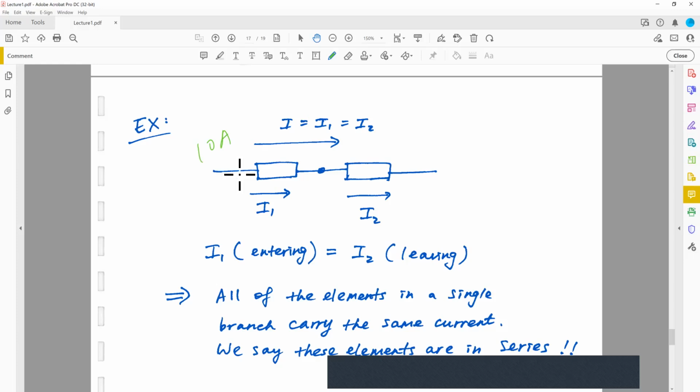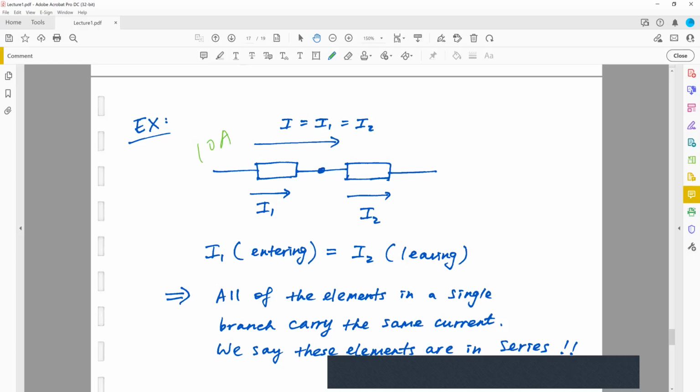But now, since we know a little bit about KCL, you can apply KCL to explain this phenomenon. Instead of saying these two guys are in series and they share the same current, you can apply KCL over here at this node, right? So current I1 entering the node, current I2 leaving the node.